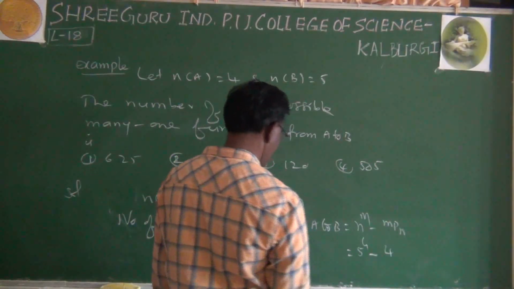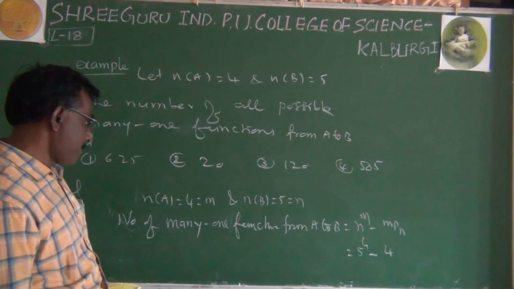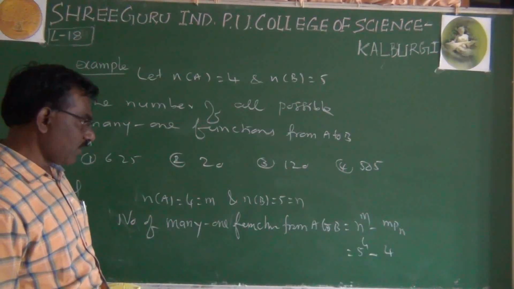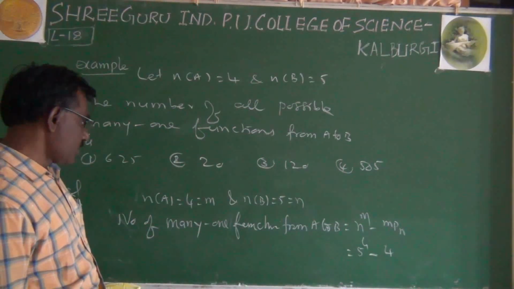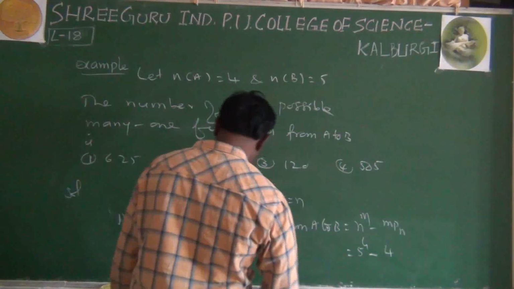So nPm, and n to the power m: 5 to the power 4 is 625. Okay, this is given.